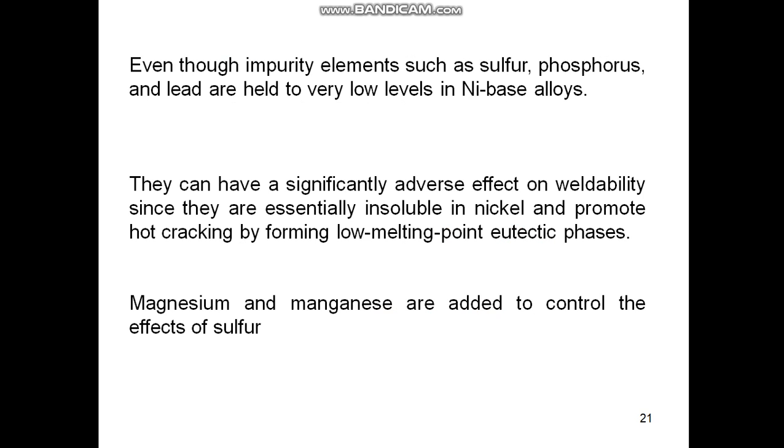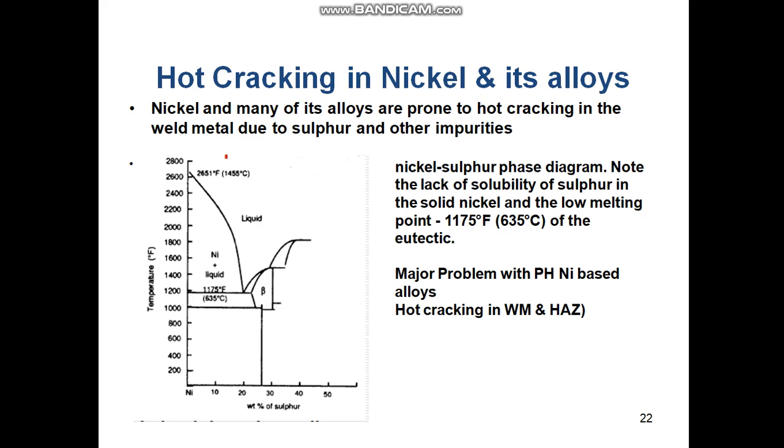Our composition must stay away from sulphur, phosphorus, and lead because they are low melting point elements and they have an adverse effect on weldability. Particularly, they are insoluble in nickel and promote hot cracking by forming low melting point eutectic phases. And magnesium and manganese are added to control the effect of sulphur by forming MnS.